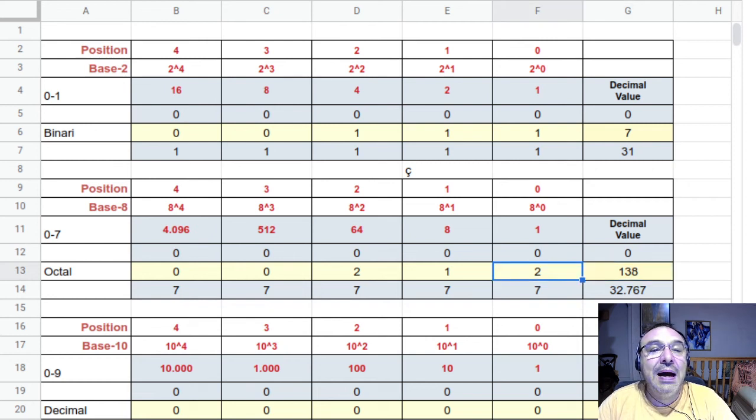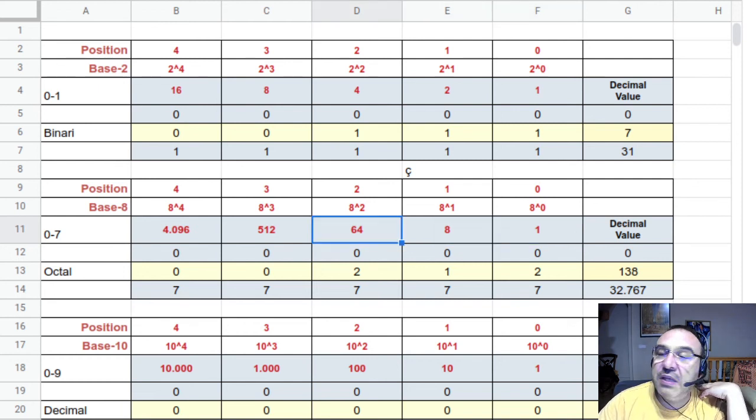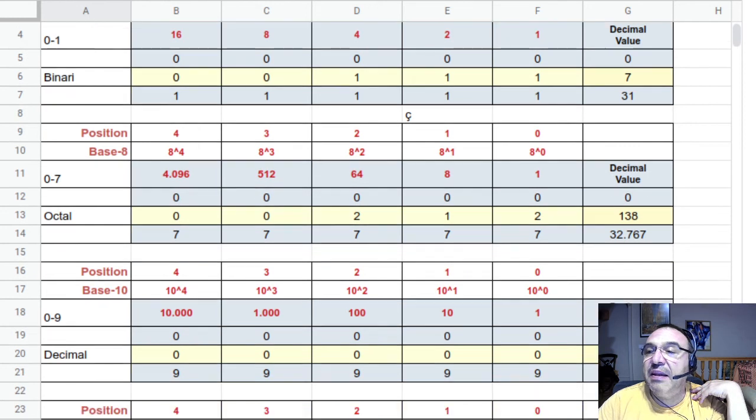So you have to add the value of each digit, multiplied by the value of the position. So if you are counting in base 8, the position value is 1 for the first position, or 8, or 64, or 512, or 4096. And the same is valid for base 10 and also for base 16.